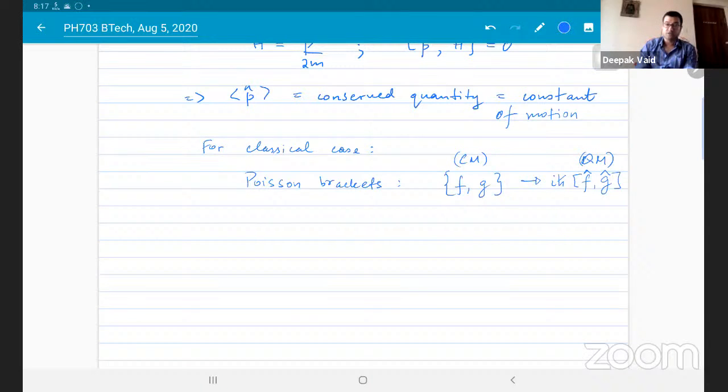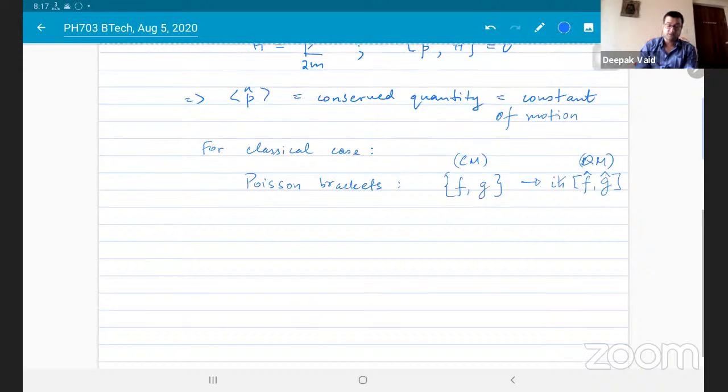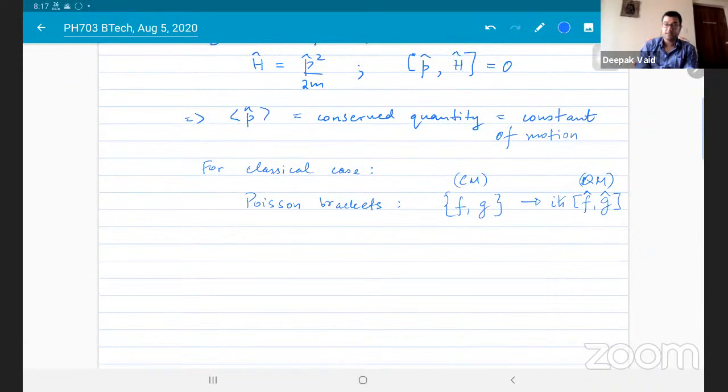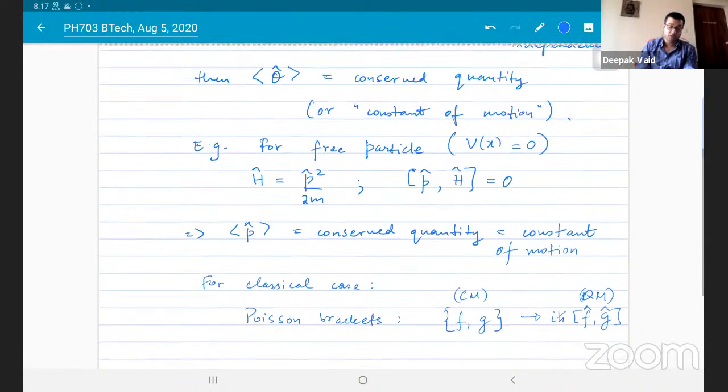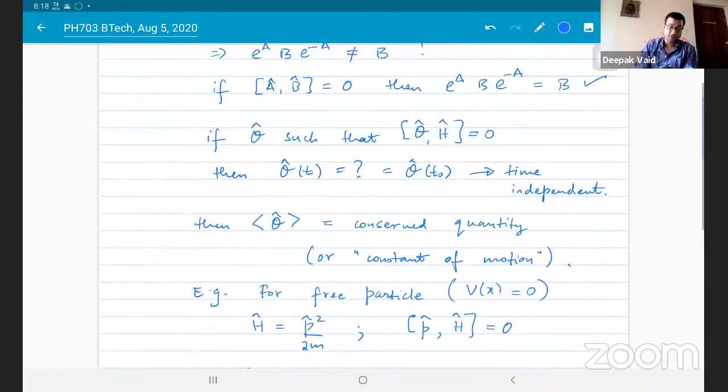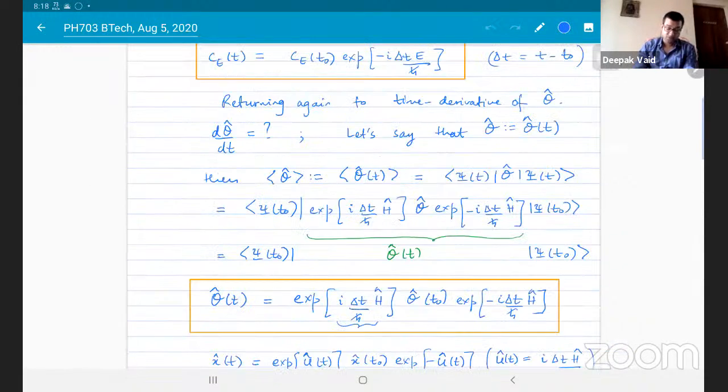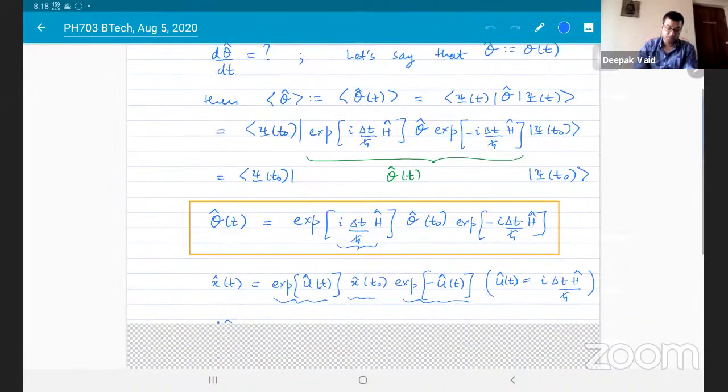It is important to keep in mind that there is a parallel between everything that happens in classical mechanics and quantum mechanics, right? So for instance, in quantum mechanics, we have the equation for the time evolution of any observable, right?